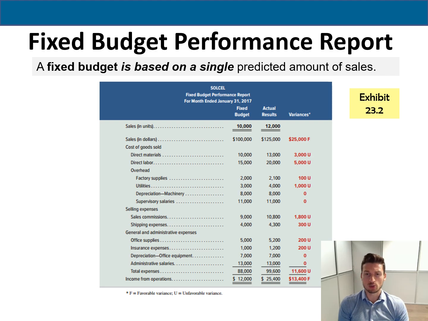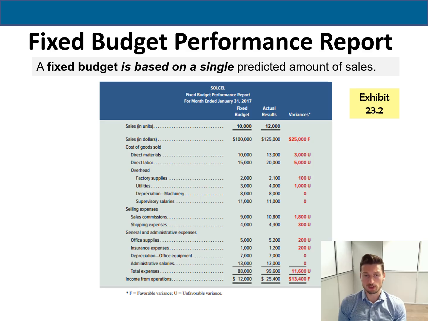I was expecting to sell $100,000, but I sold $125,000. The difference between them, which is actual result minus fixed budget, is your variance. So 125,000 minus 100,000 is $25,000 favorable, which means you were expecting to sell 100 and you sold 125, so you have $25,000 of favorable variance. So you have $25,000 more.